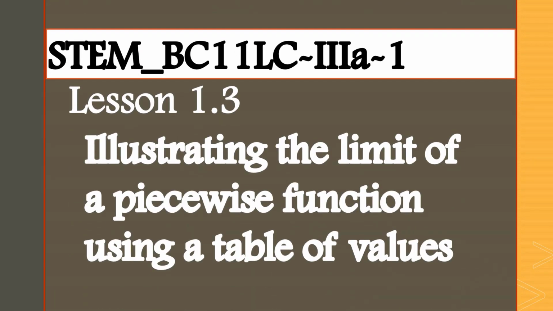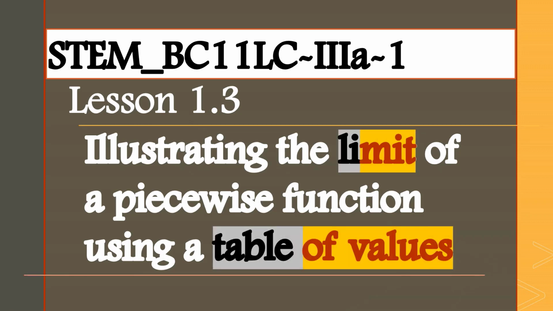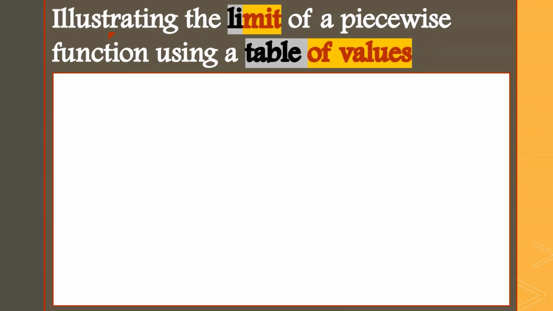Time to illustrate the limit of a piecewise function using a table of values. A piecewise function is a function that has multiple definitions. It's just like this function here.